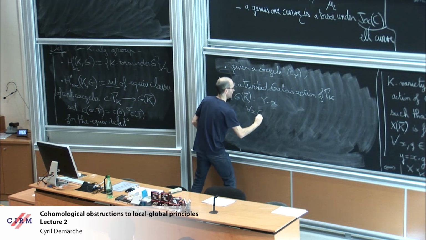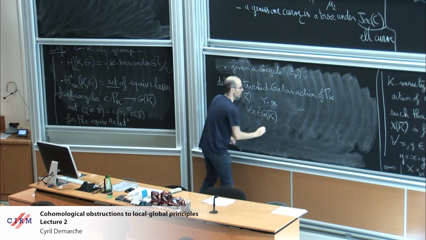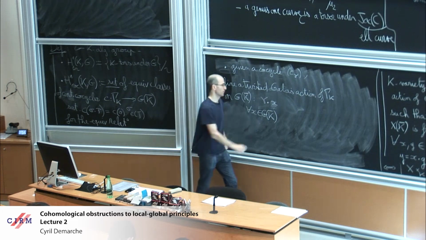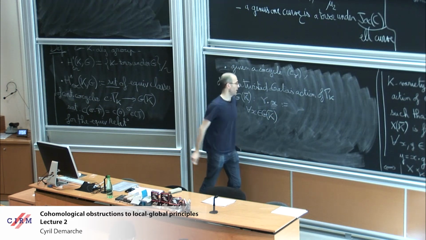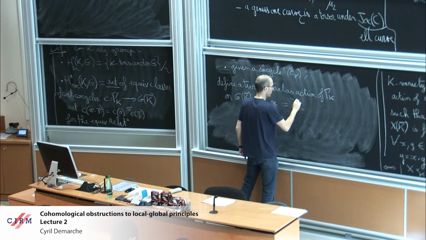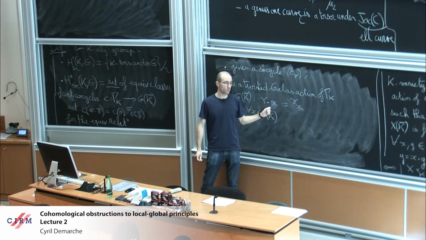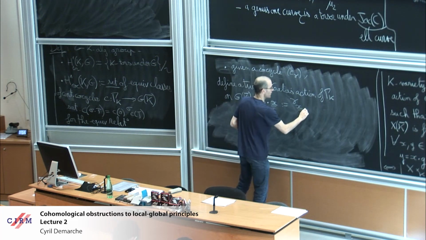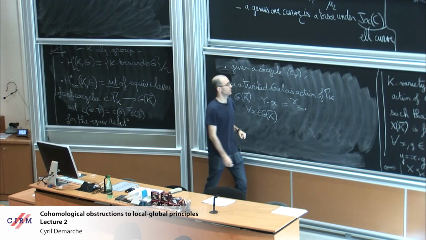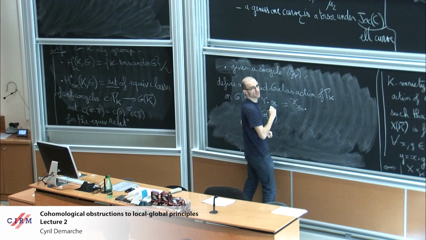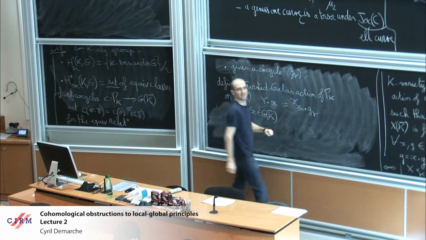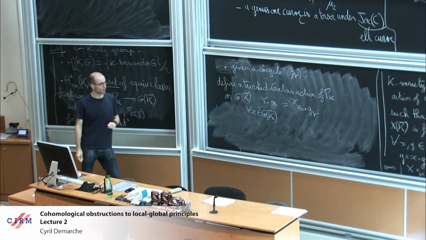So for all x in G K bar, you define a new Galois action by, of course, using the given Galois action. So this is the given Galois action, this is the new one I'm defining, and you twist it by the cocycle. Well, G gamma maybe is better here. You twist it by G gamma on the left.